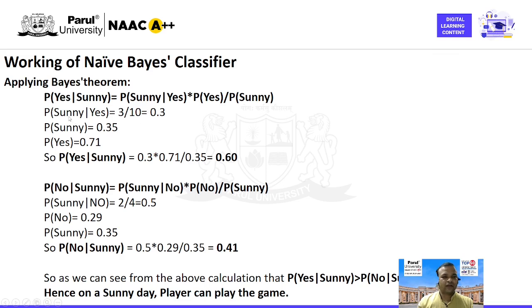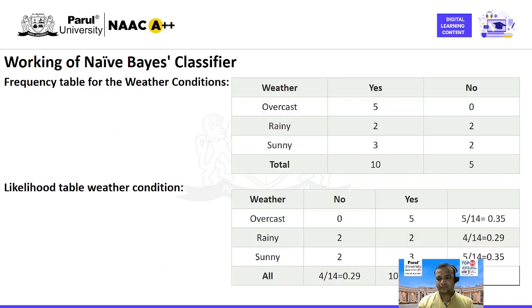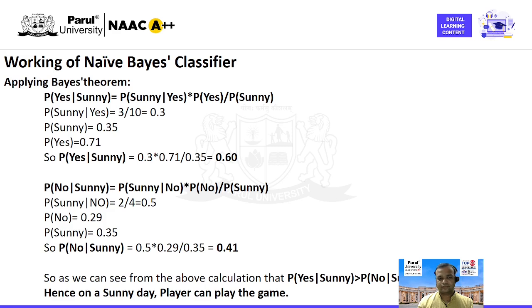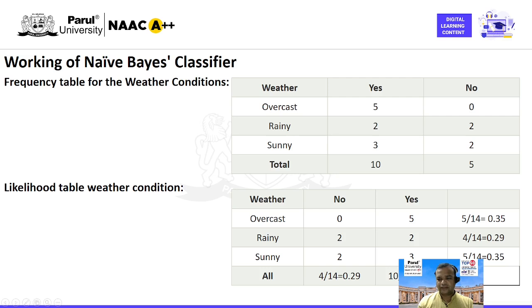Okay, so probability of sunny over yes, we already calculated here 3 upon 10 is equal to 0.3. Probability of sunny 0.35. Probability of yes 0.71.